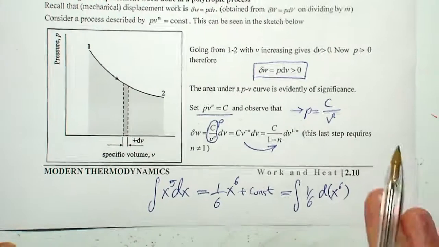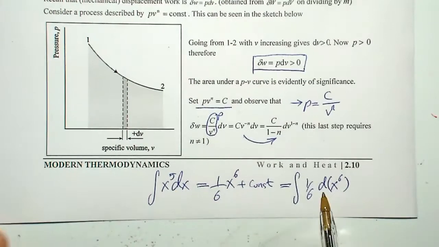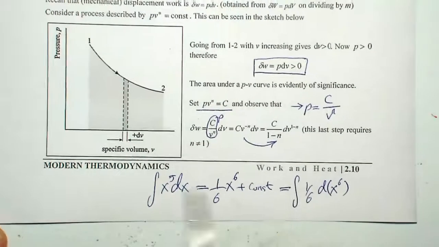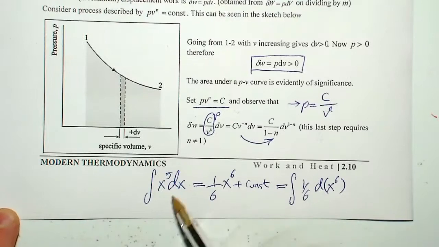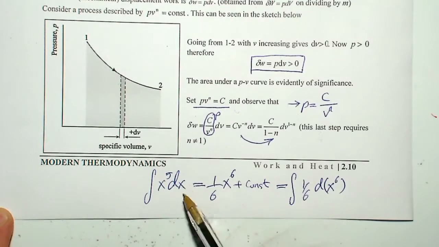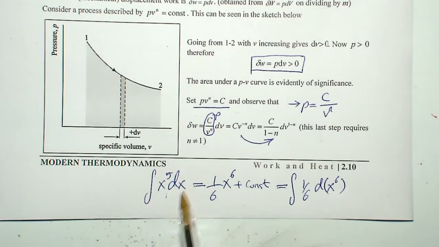So if you think about moving from here to here, these are exactly the same. The only difference is that now you've changed the differential in this integral. So instead of doing it with respect to dx, now it's with respect to d(x to the power of 6). And you can do that, and that's exactly what we've done in here.